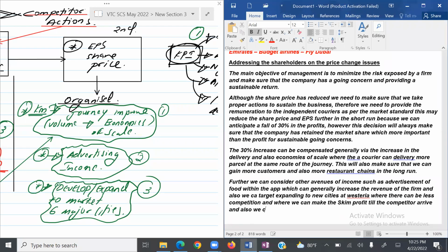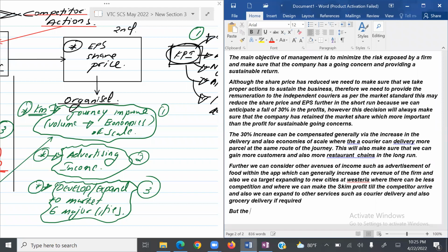And also we can expand to other services such as courier delivery and also grocery delivery if required. But the current risk needs to be accepted as an inherent risk.